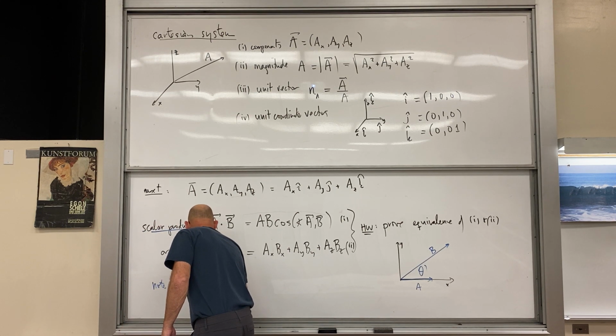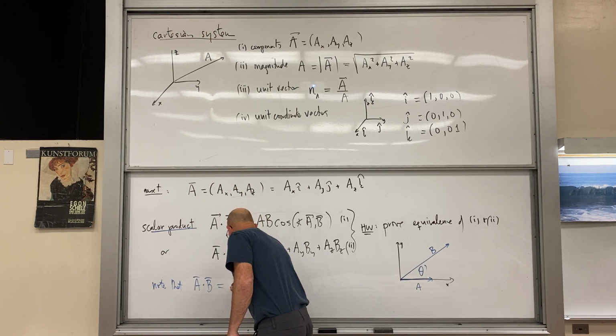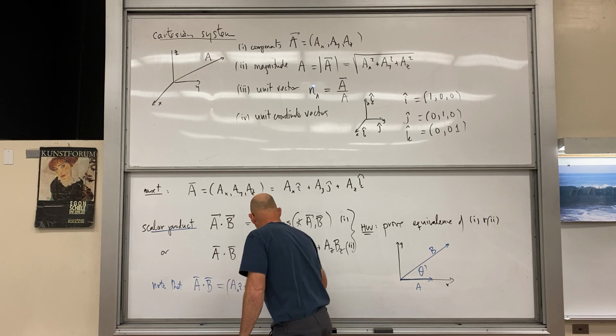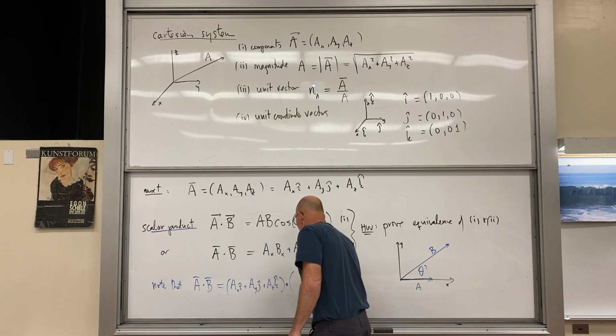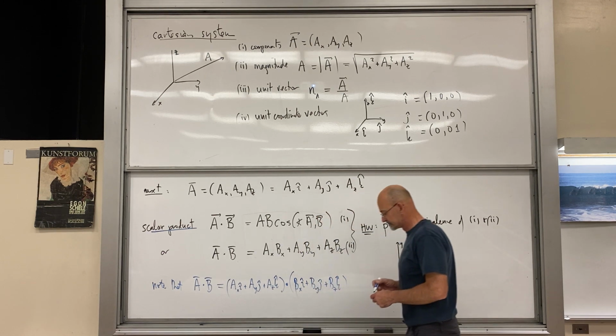A dot B is equal to, I'll write the whole thing out, Ax i hat plus Ay j hat plus Az k hat dotted into B, the same thing for B, Bx i hat plus By j hat plus Bz k hat.